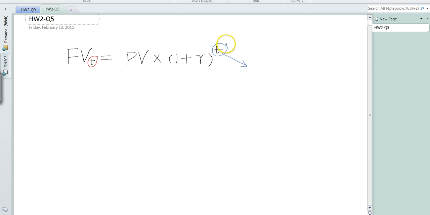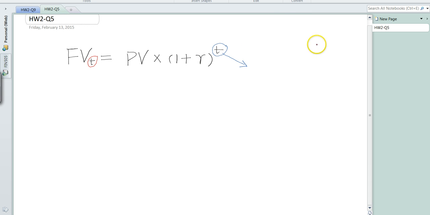But the second t, based on our end of the year convention, is the same as the year number. That's what I said in class: the reason we use the end of the year convention is that we can write this formula very conveniently.